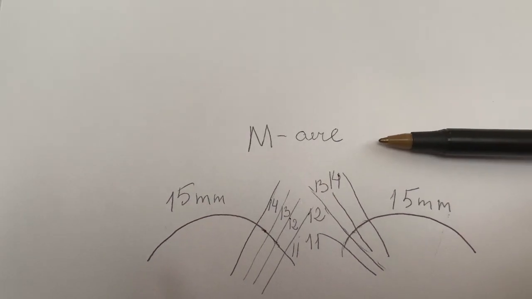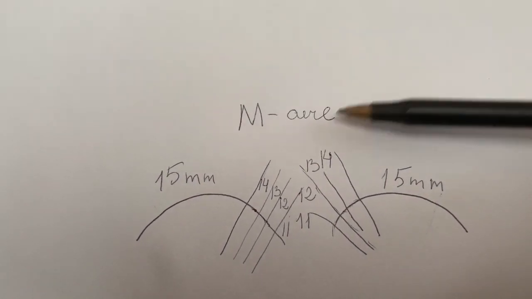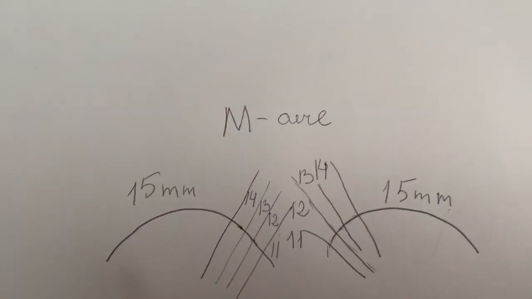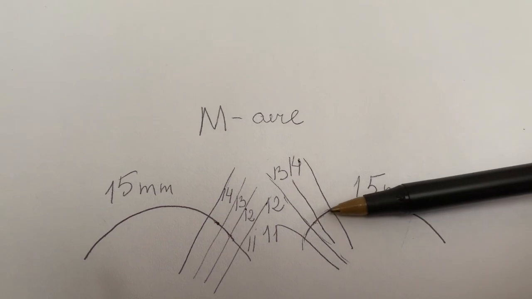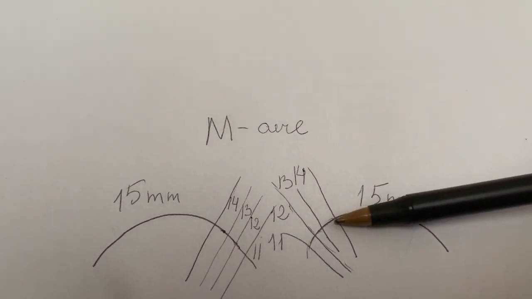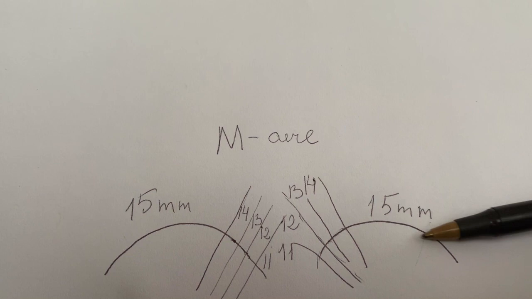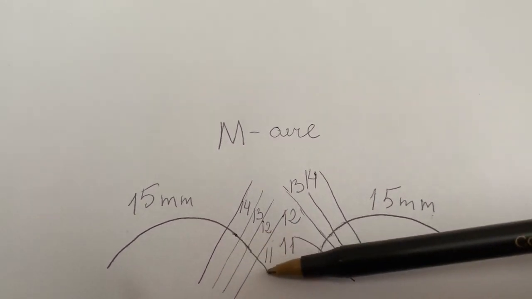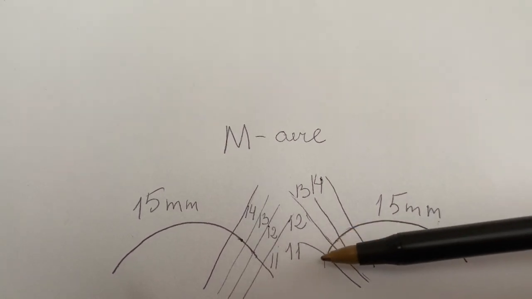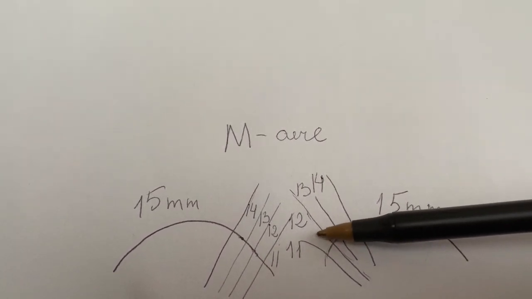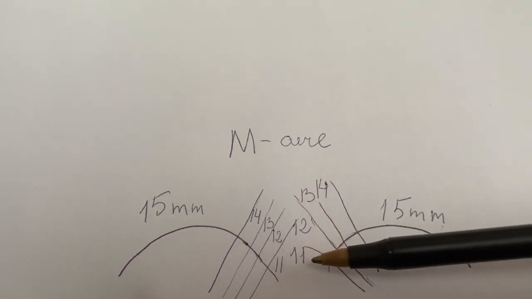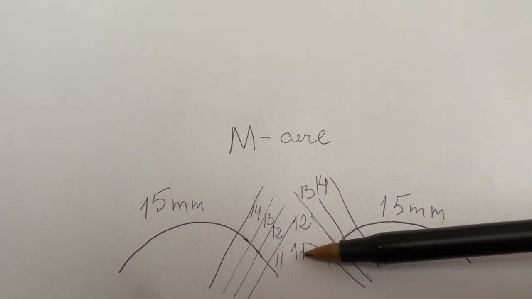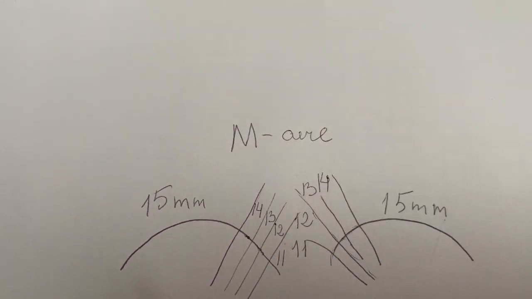This is the way how I created this effect. I use M curl, 0.07 thickness. 75% of the eye from the outer corner will be 15 millimeters, and then the rest of the inner part I divided into 4 same parts, and I applied to the innermost part 11, then 12, then 13, and then 15.